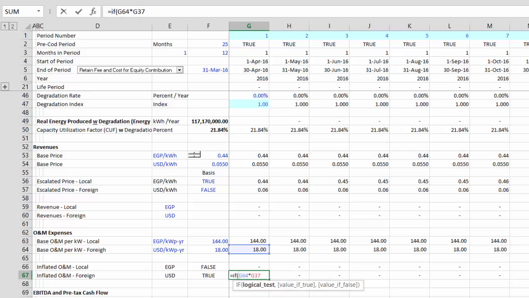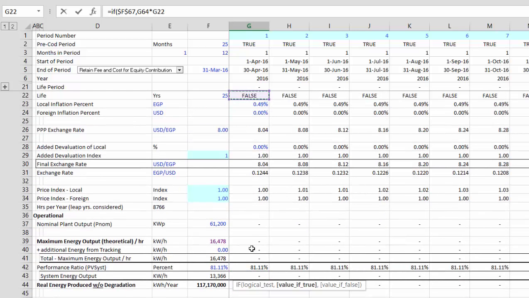If we pay our expenses in USD, then we are going to take the amount we pay and multiply it by the exchange rate, the inflation rate in foreign.